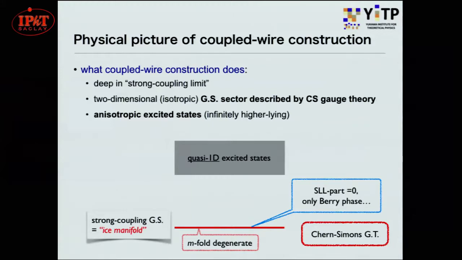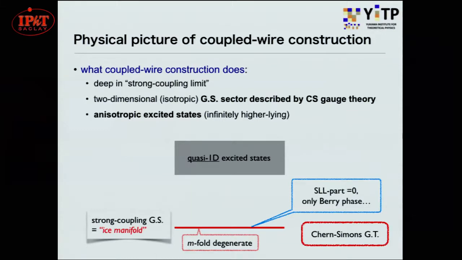This cartoon picture summarizes what we did in deriving the Chern-Simons gauge theory, starting from the coupled wire construction. If you take the strong coupling limit of the interwire interaction, we are restricted to an ice manifold, or some restricted ground state manifold, which has emergent gauge degrees of freedom. Actually, this is not a gauge symmetry.